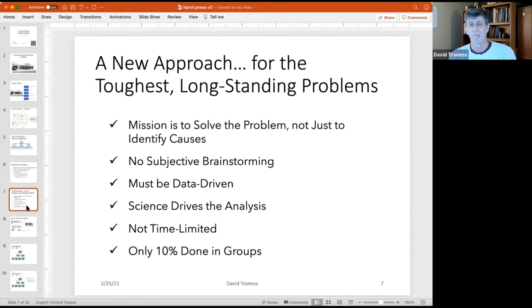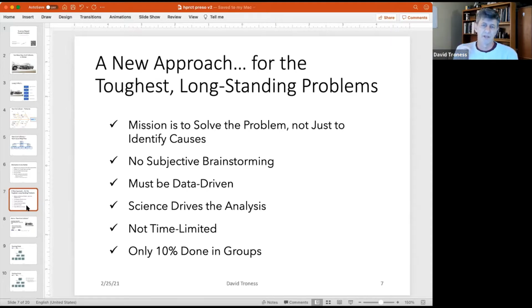So Larry and myself and several others focused on a new approach for the toughest, long-standing problems that we've tried and not succeeded with. Our mission is to solve the problem, not just identify causes. We try to eliminate as much as possible any subjective brainstorming.